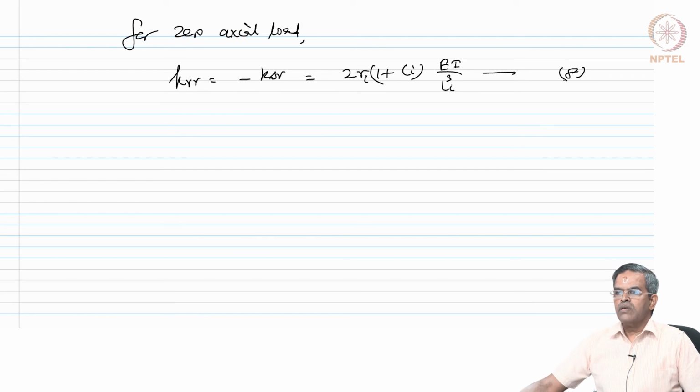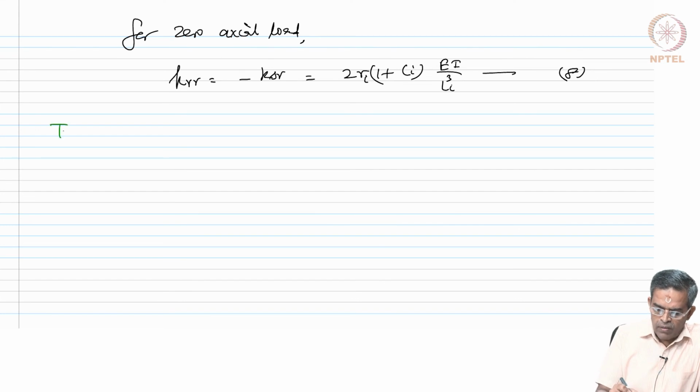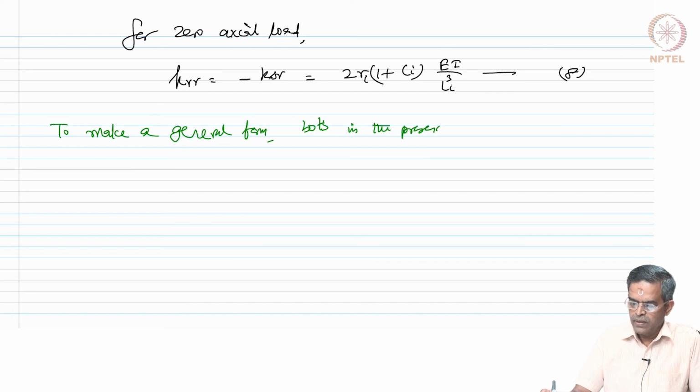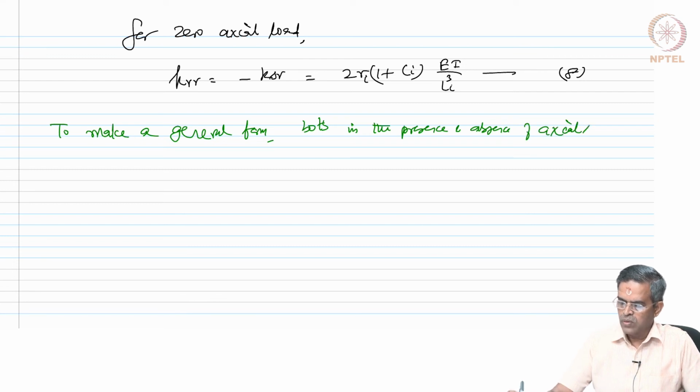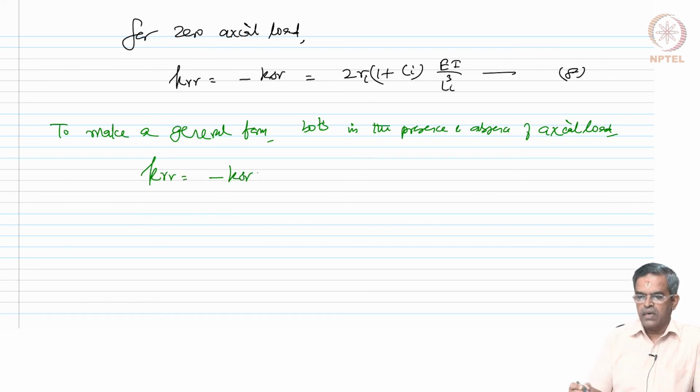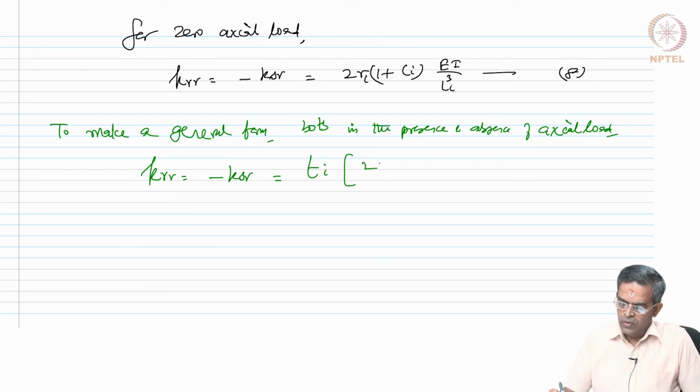Now, we want to make a general form. Now, to make a general form, both in the presence and absence of axial load, KRR is minus KSR is actually, I am putting a new function Ti of 2Ri 1 plus Ci of Ei by Li cube.